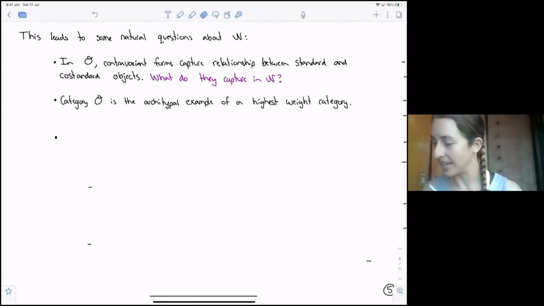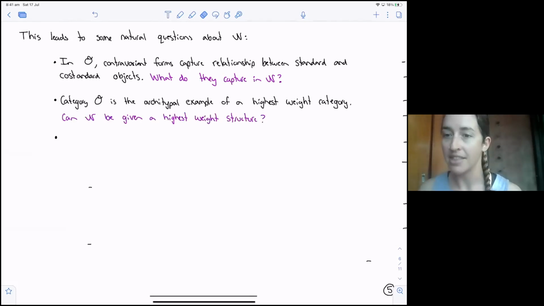Another question is that category O is the archetypal example of a highest weight category. The definition of a highest weight category was built off of the structure that's present in category O, and in category N we have a lot of that structure. So can we give N the structure of a highest weight category? But what does it mean to be a highest weight category? Well, we have some initial data, and then we have to show that it satisfies some conditions.